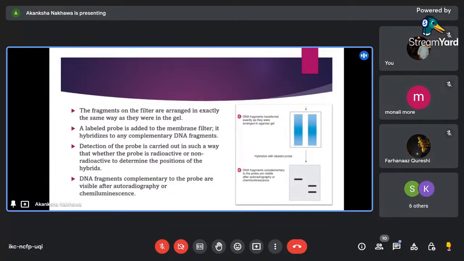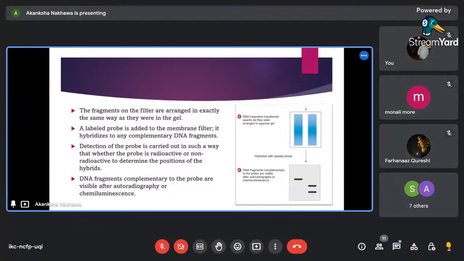After that, the membrane is incubated in the probe solution. Probes are attached to a detector molecule. The detector molecule may be a radiolabeled atom or a fluorescent molecule. As the probe is attached to the detector molecule, it is a complementary sequence of the gene of interest. On the basis of the detector molecule, we visualize the membrane.